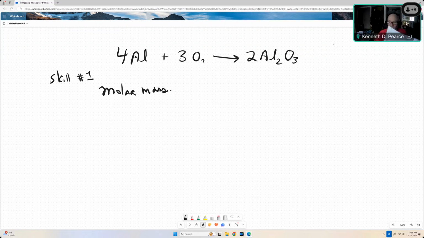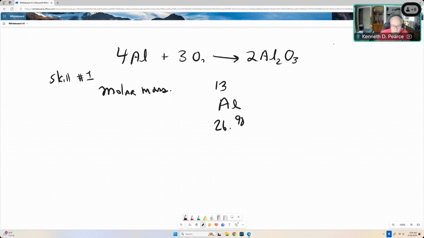I don't know if y'all can see the screen off to the side, but what we're going to do is look underneath the aluminum, so let's look at what the molar mass of aluminum is. If you look on your periodic table, you've got aluminum, you've got a 13 up here, and you've got 26.98.